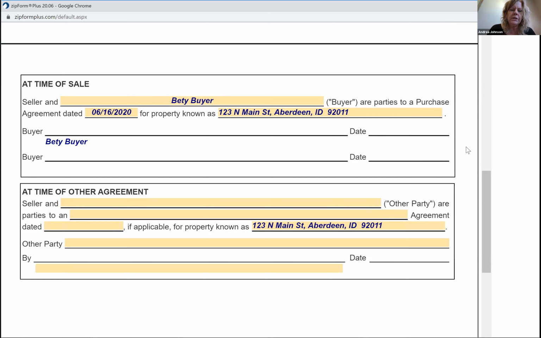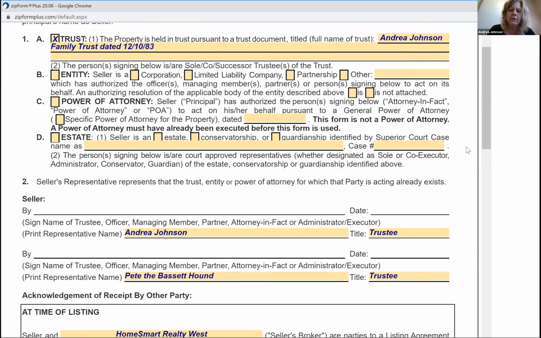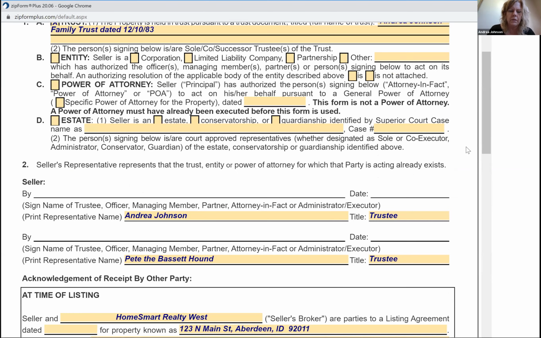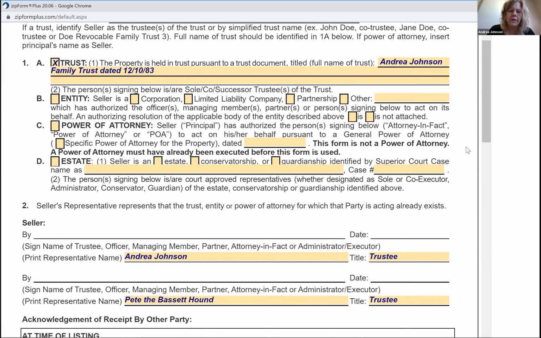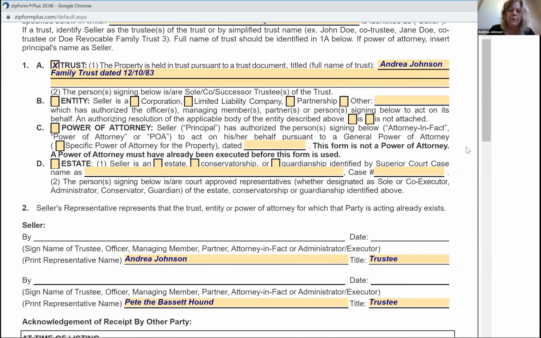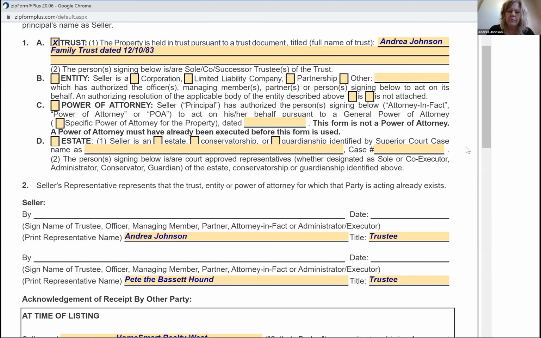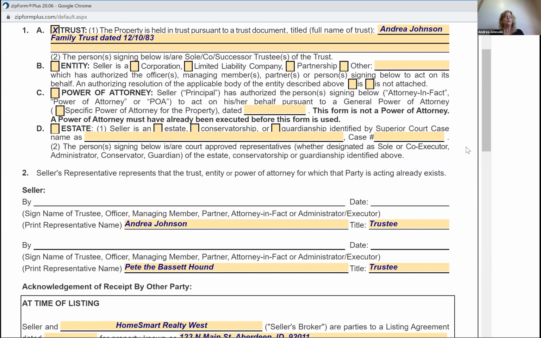Now, in addition to this RCSD, in which basically the trustee or authorized person for the limited liability company or other corporation is signing, escrow and title will require documents from the actual trust or LLC that show that this person who is named here is actually authorized by that entity to be the person signing on behalf of the entity.